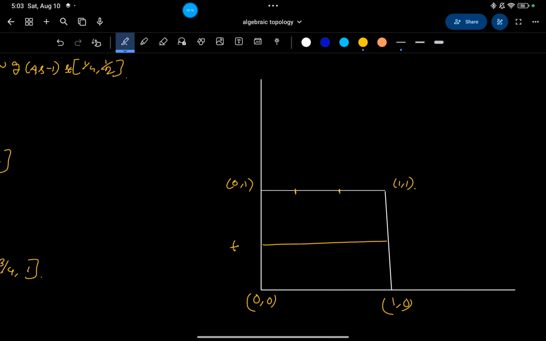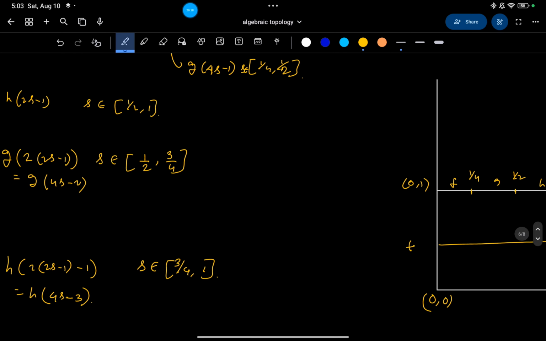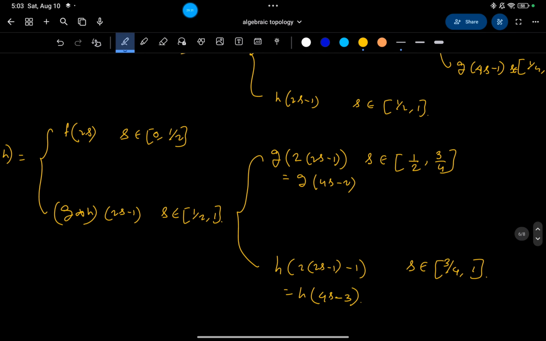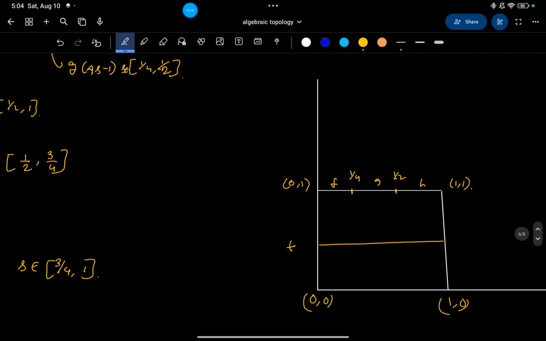I have broken it into two parts: 0 to 1 by 4, and half to 1. So first it is f, g, h, and later f is defined from 0 to half. Here it is half and 3 by 4.